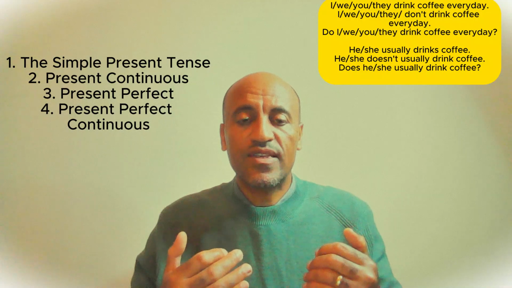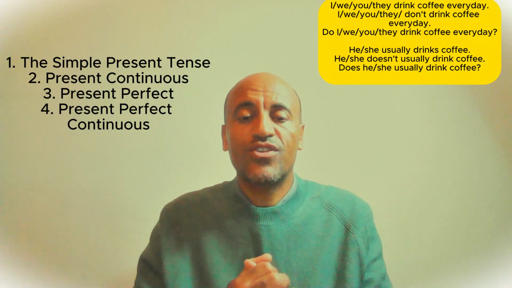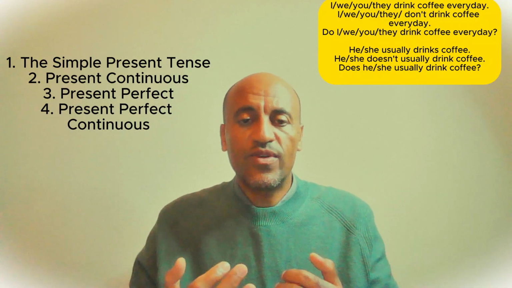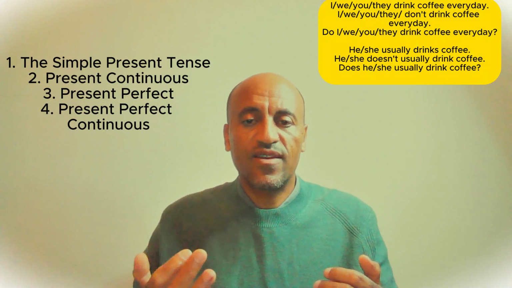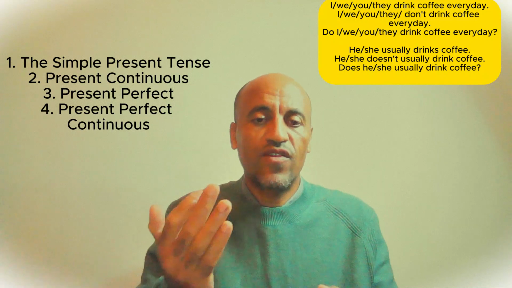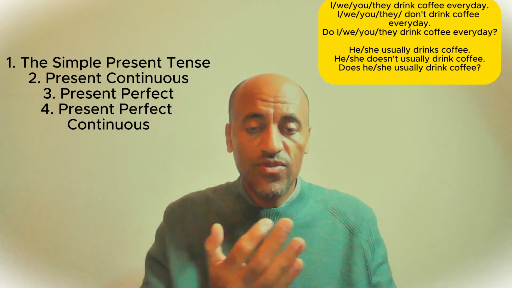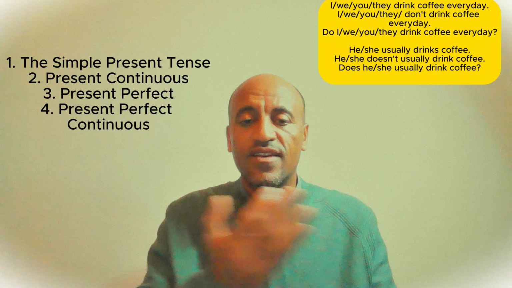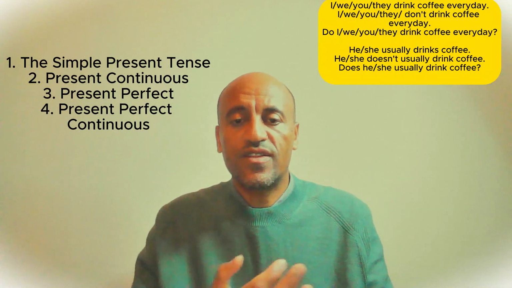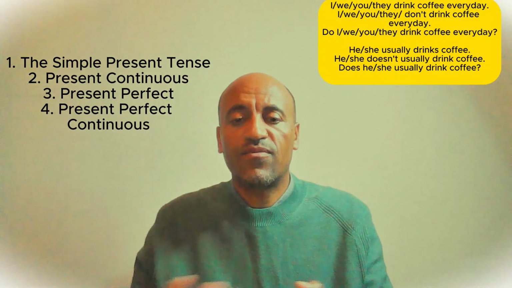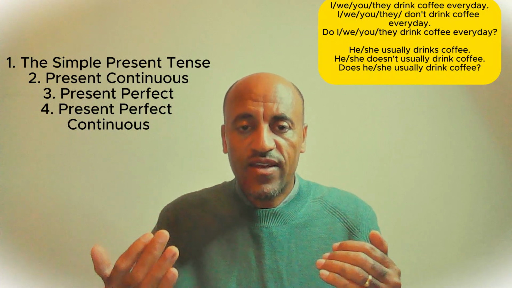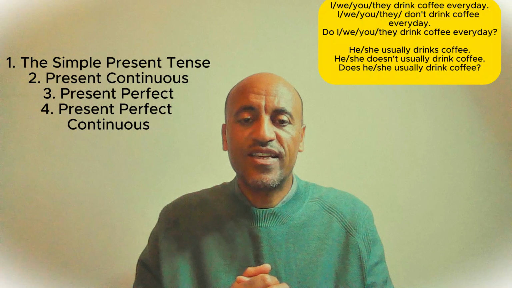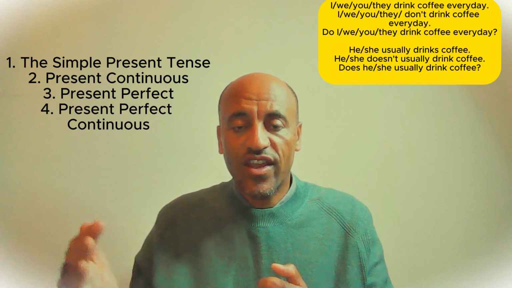When we use the interrogative or question form, we invert, we just shift the subject. We put the verb do in the first place, and we shift the subject to the second place. In this case, we can begin by using does she drink coffee?